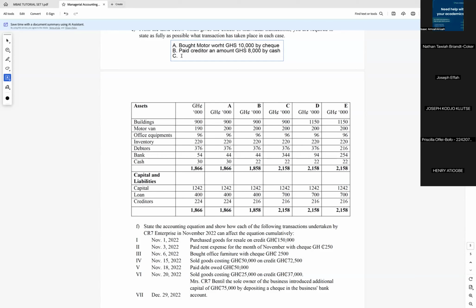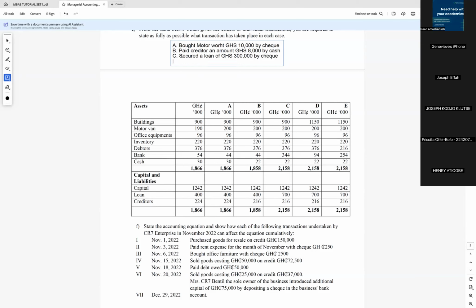That's why the bank has increased and the loan as well. Secured a loan of 300,000 Ghana cedis by check. Okay, Genevieve, you can take yours.